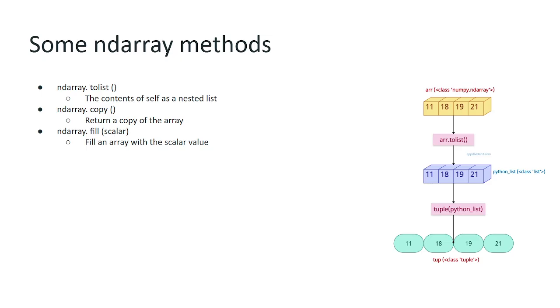The first one, if I am having an array and I just want to convert that array into a list, I can simply convert it into a list by using tolist. So we know the properties of a list. We don't have any strict rule for the list.